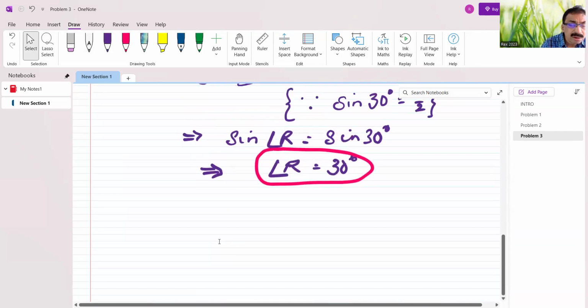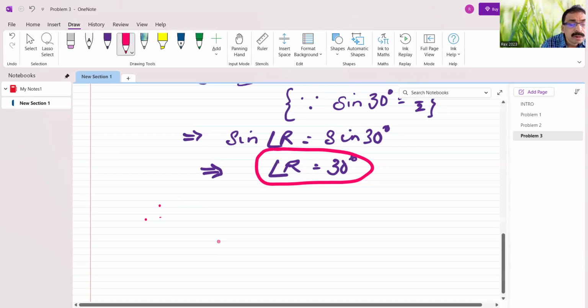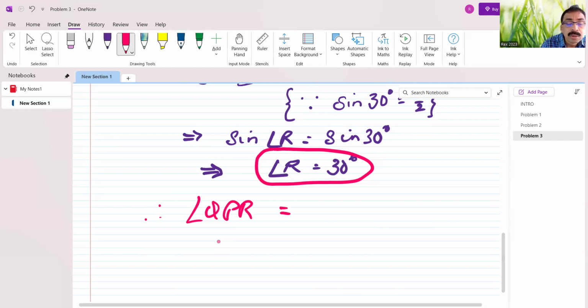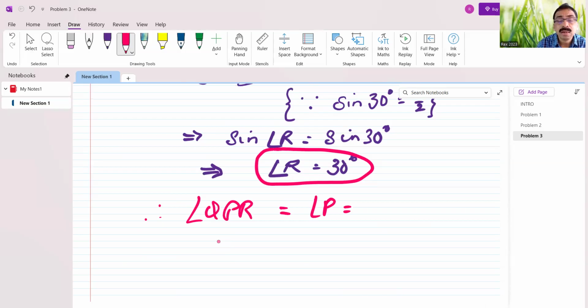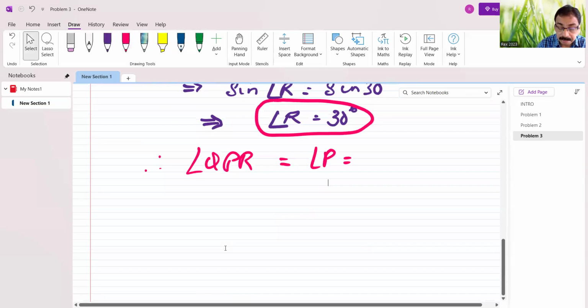So angle QPR is equal to angle P, which is equal to 60 degrees.